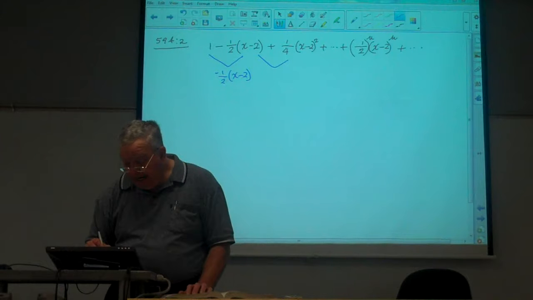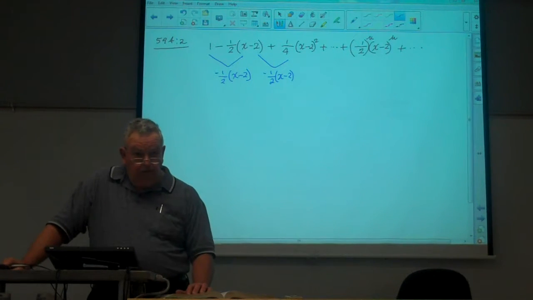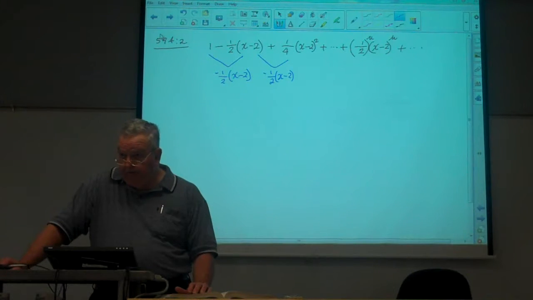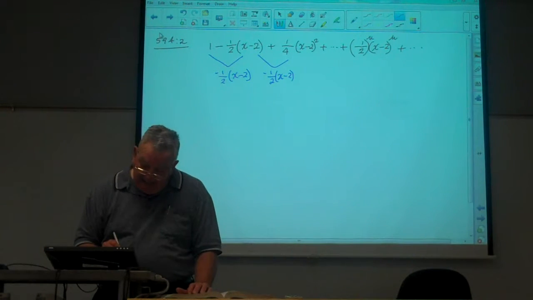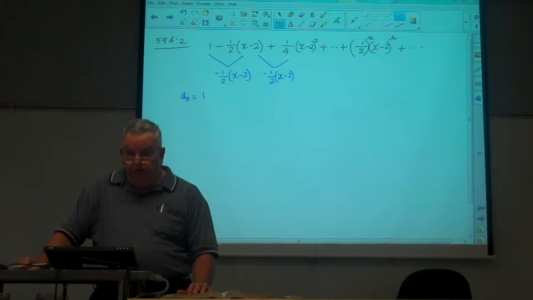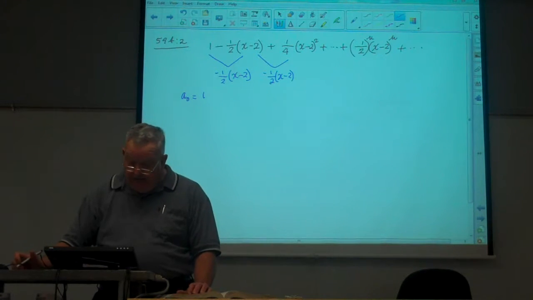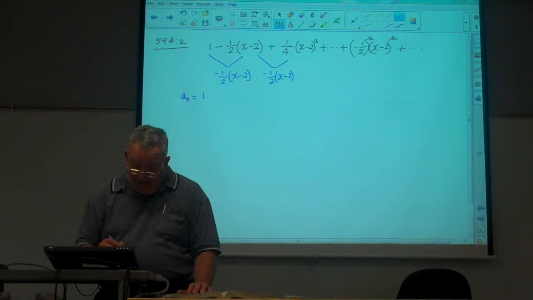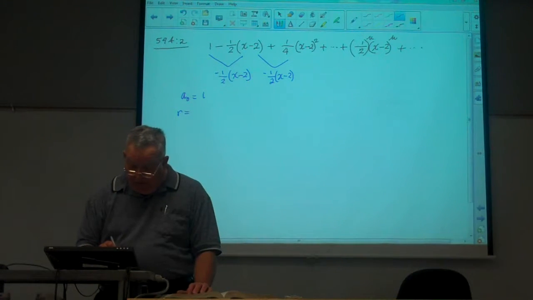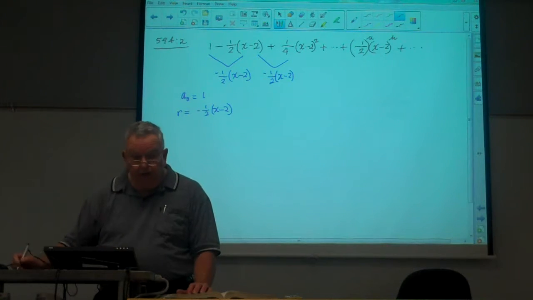Am I not every time multiplying by -1/2 times x minus 2? Isn't that what makes it alternate? Okay. Everybody agree? So now I think A0 is equal to 1. That's just the first term, is it not? And the common ratio R is equal to -1/2 times x minus 2.